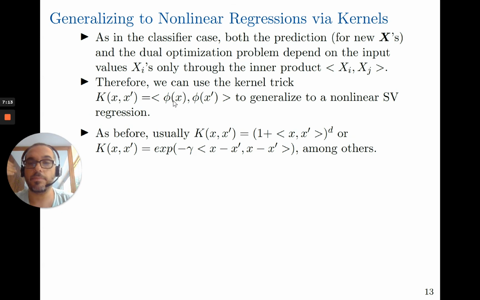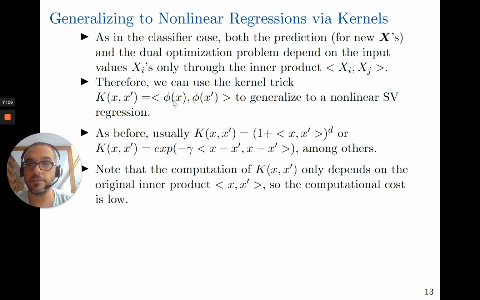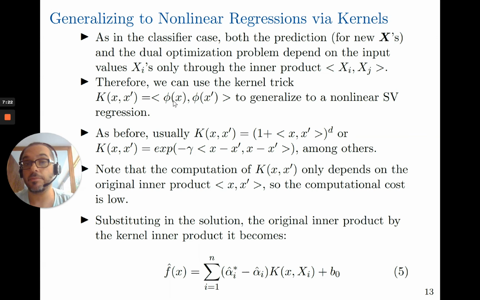We can take polynomials or exponentials, and the computation of this kernel only depends on the original inner product. Basically, we can substitute in the solution, instead of having a linear form, we have here in equation 5 on your slide the differences of the alphas times the kernel function. So we are working with a nonlinear transformation of the data.